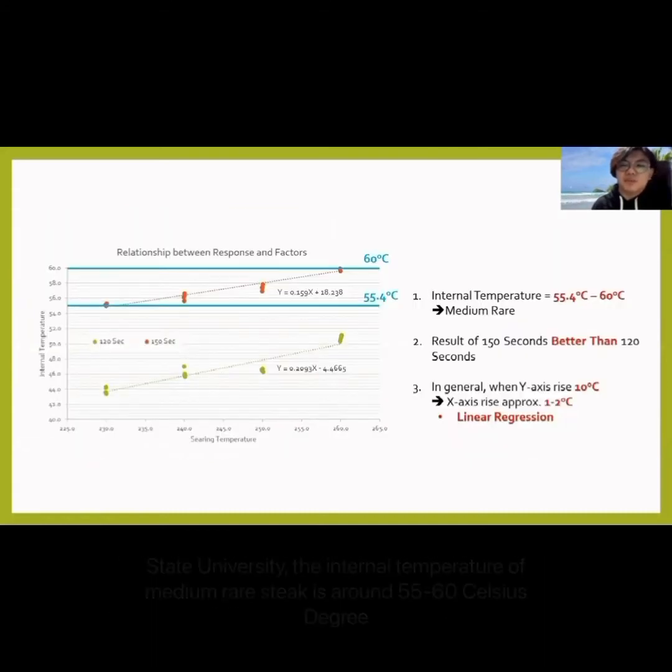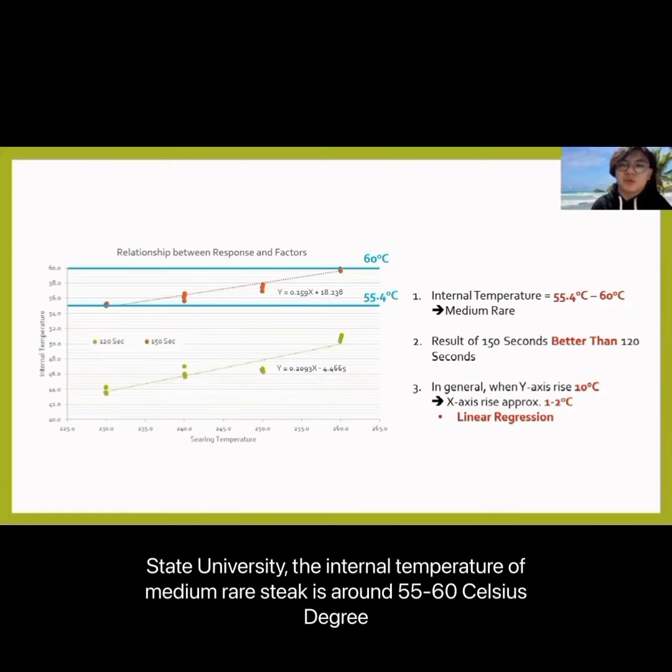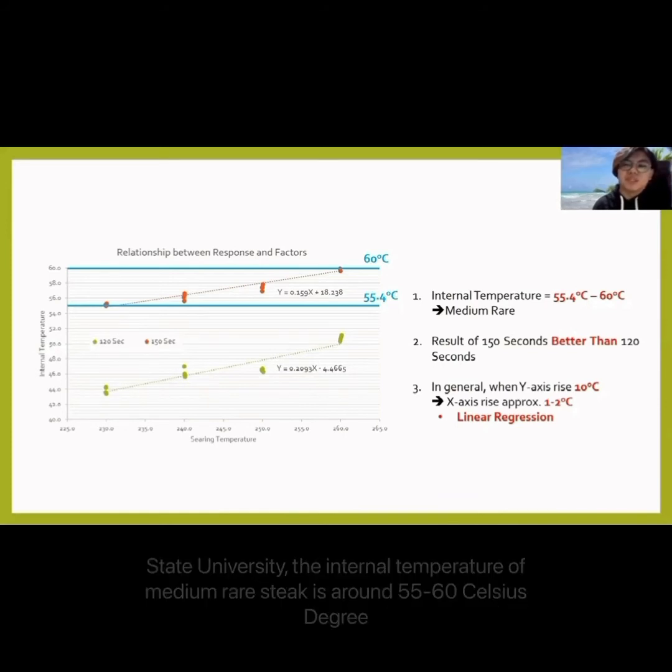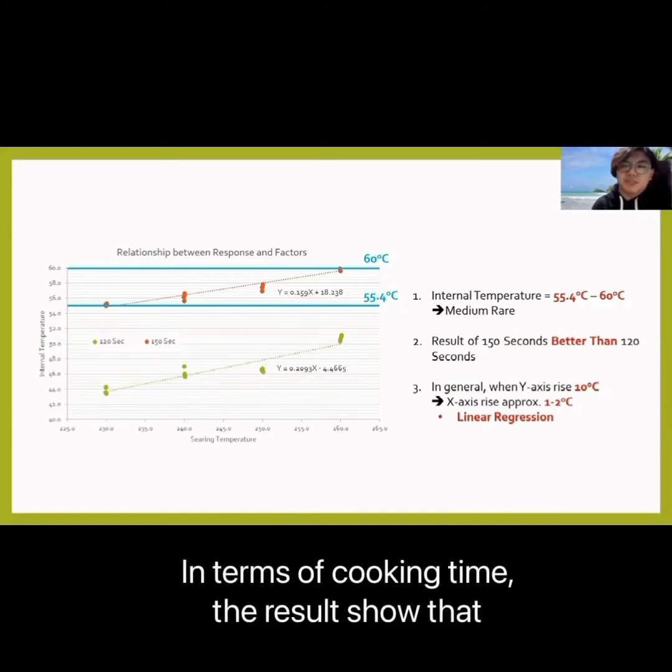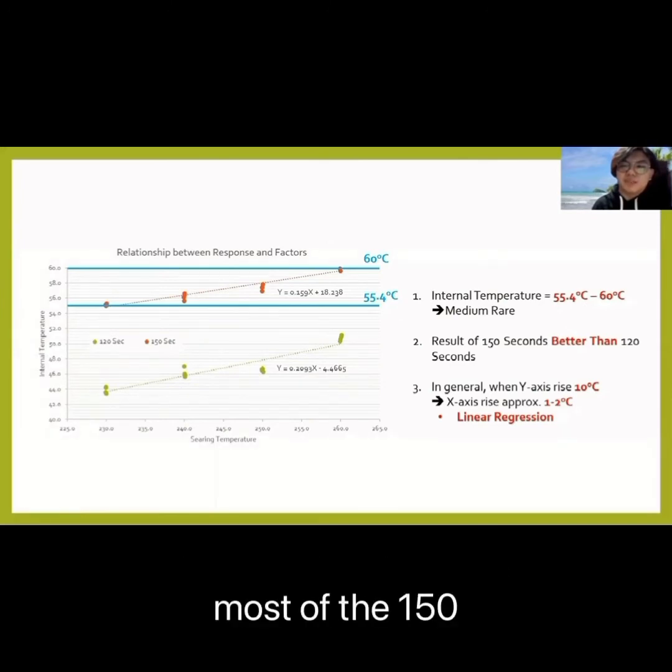According to Chicago State University, the internal temperature of medium rare steak is around 55 to 60 Celsius degrees. In terms of cooking time, the result shows that most of the 115 second cases can achieve medium rare.